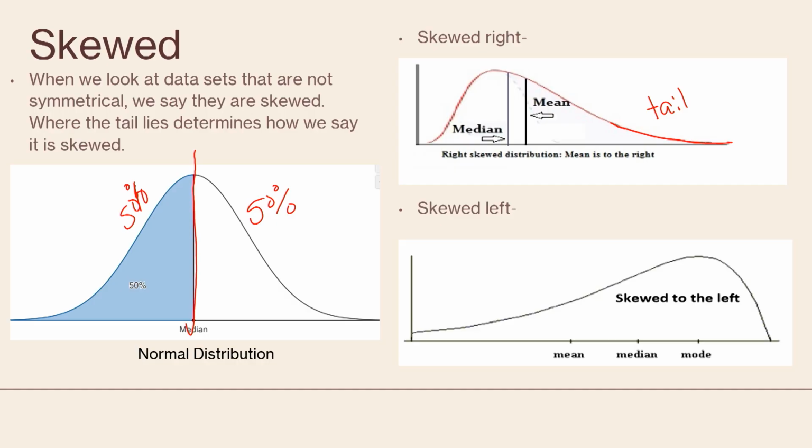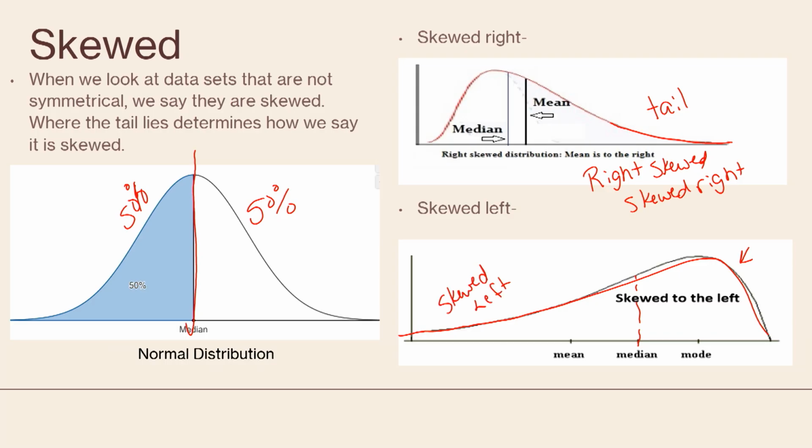So since the tail is on the right, we would say it is right skewed or skewed right. That's the same thing. And then here, the tail is right here, and here's the median. The majority of our data is over here, so we would say this is skewed left or left skewed.